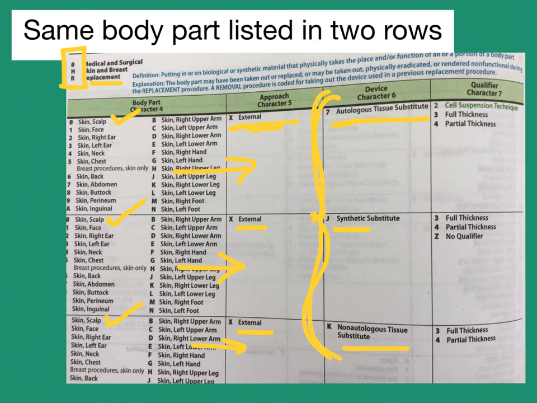Once you make that decision, you need to stay in the same row. So if you had a synthetic substitute, these are your only options as a qualifier. We can't skip up here now. So if you have non-autologous, we must use these 7th character qualifiers. If you have an autologous tissue substitute, we must use these qualifiers.